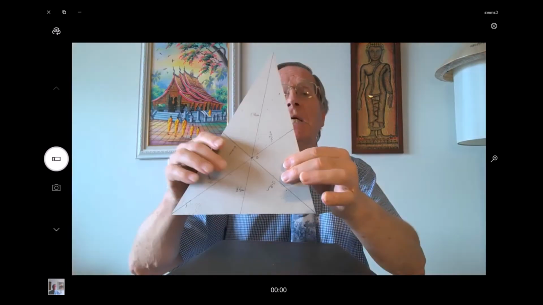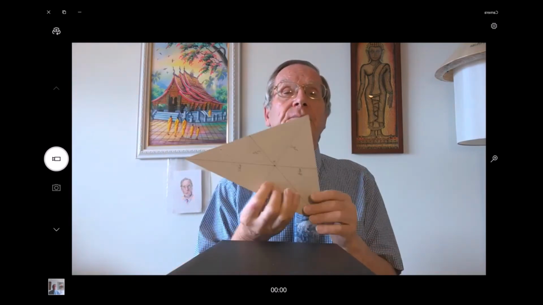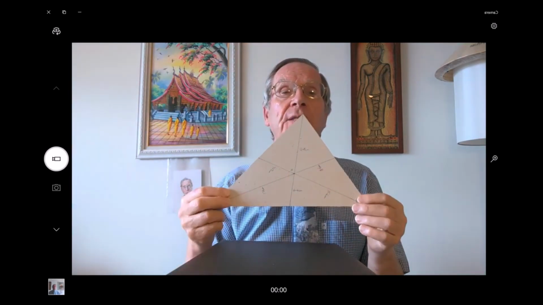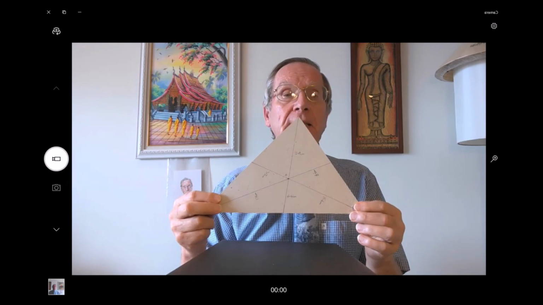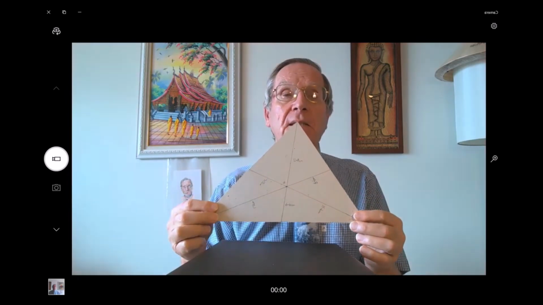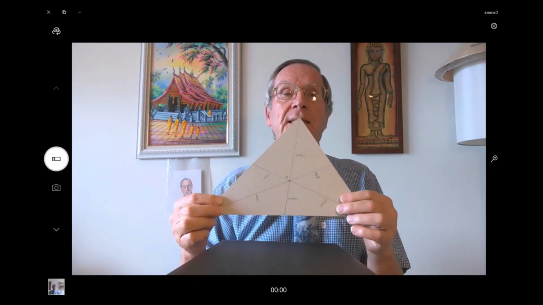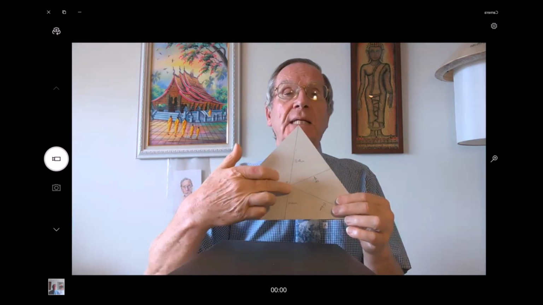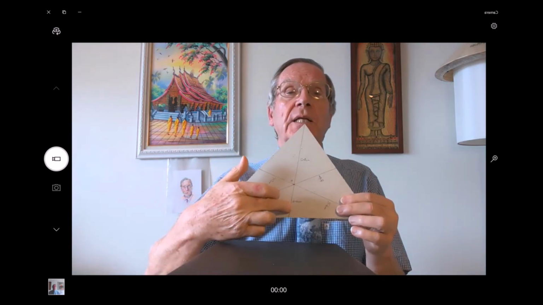So we have that the center of mass of a triangle is at the point where the three medians meet, and they do actually meet, and the center of mass divides each median in the ratio 1 to 2.